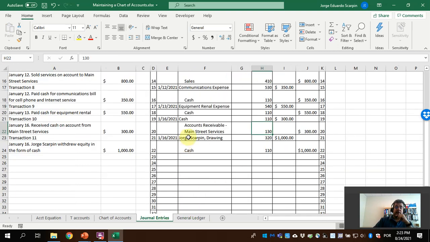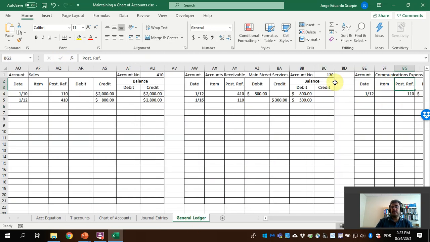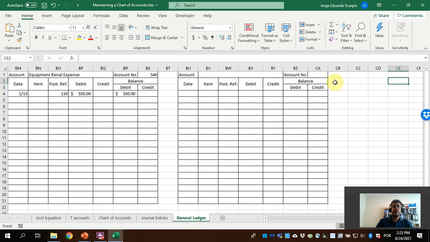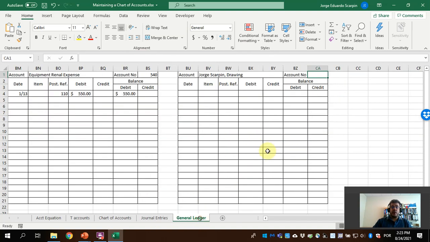And the last one, a drawing. We have no ledger for drawing. The last one. Account number 320. Date 116. The other account is 110. Remember? Cash. Whoops.